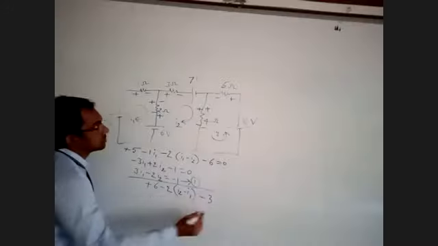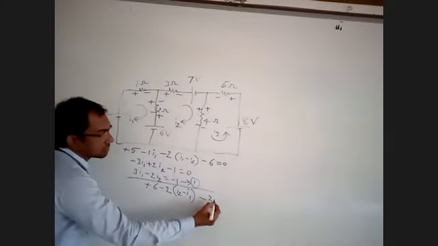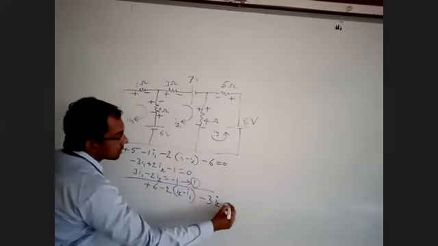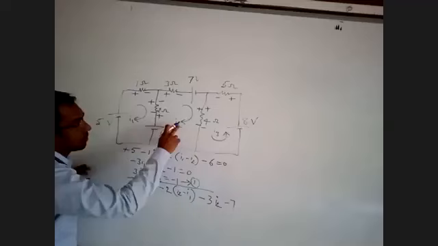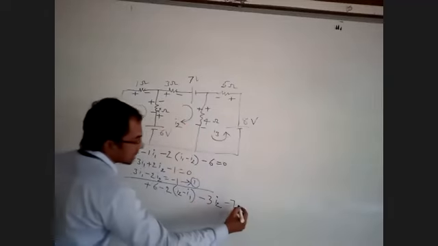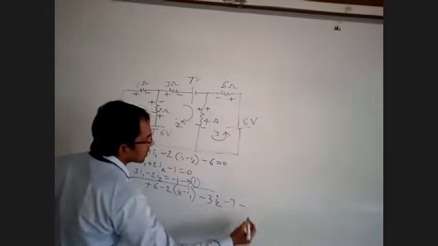Minus 3. What is the current in 3? I2. I2 is going from plus to minus, so minus. Minus 4. What is the current in 4?